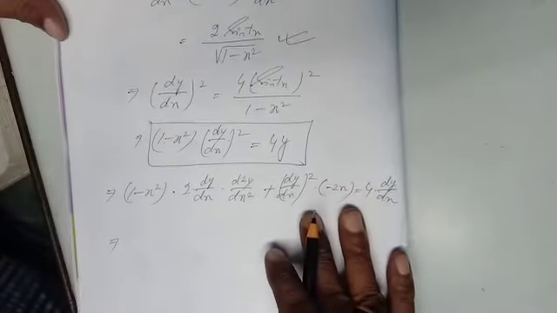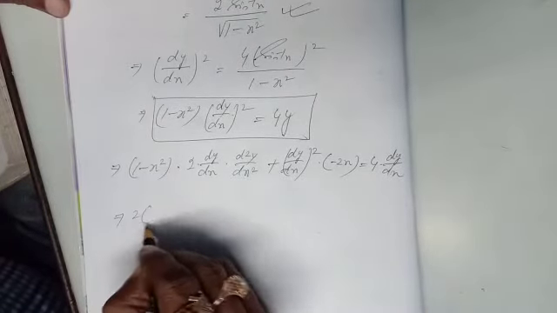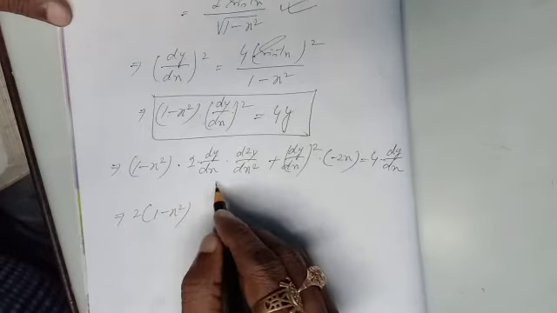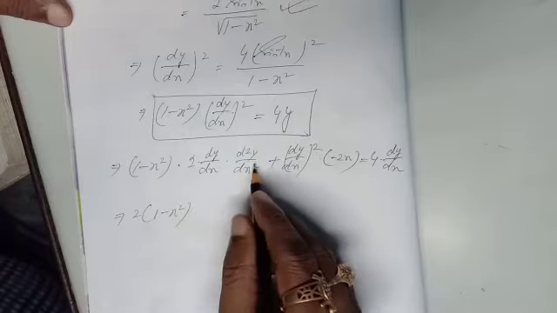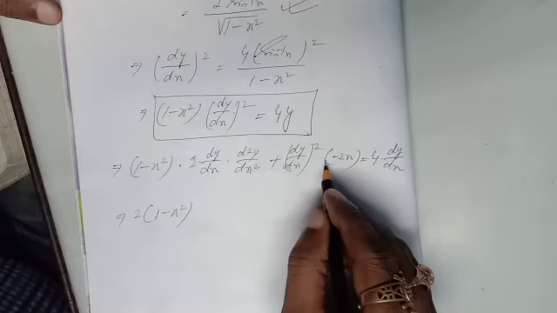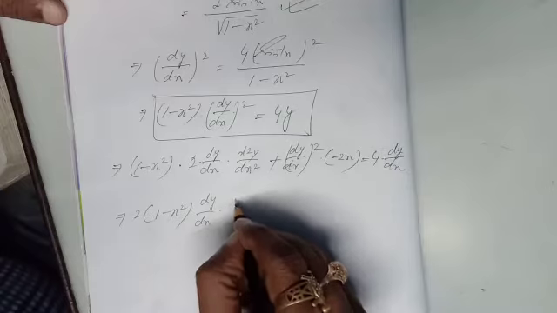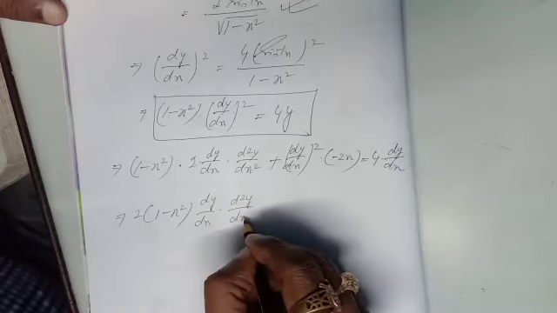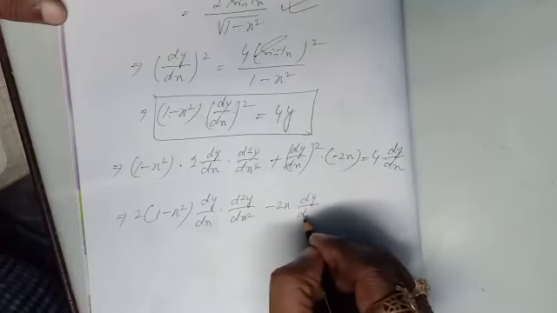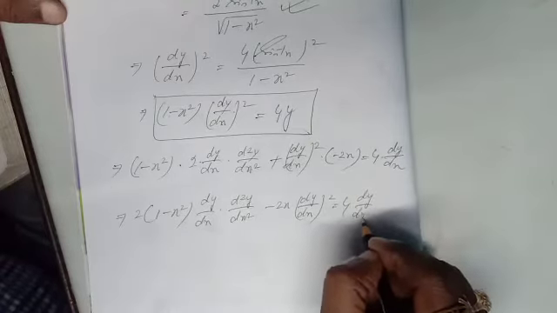And here you get 1 minus x square into 2 into dy by dx into d square y by dx square, plus dy by dx whole square into minus 2x, is equal to 4 dy by dx.